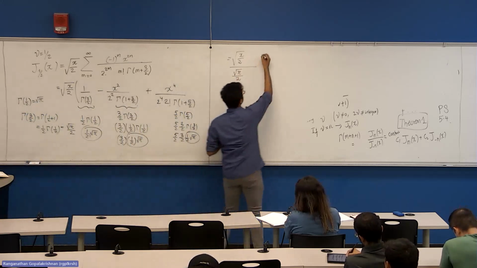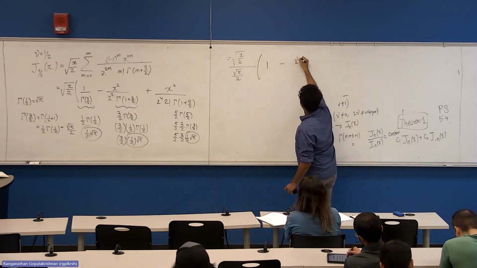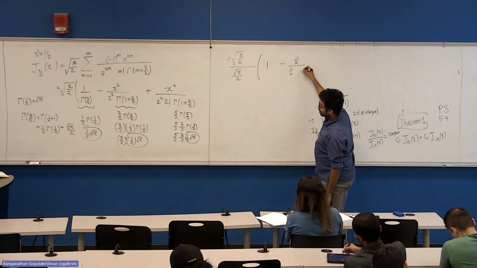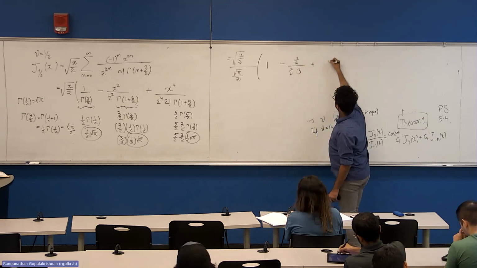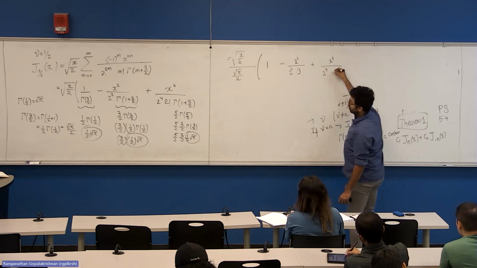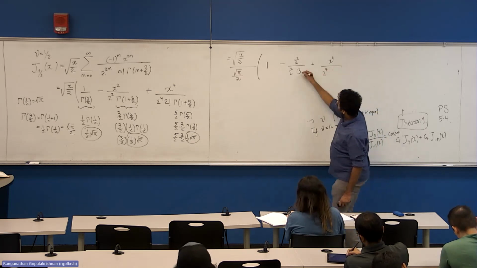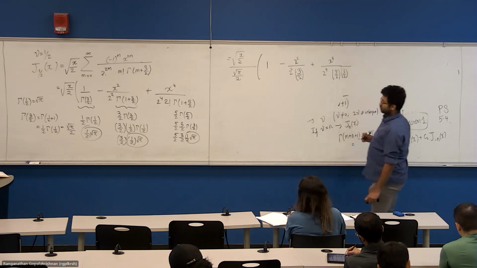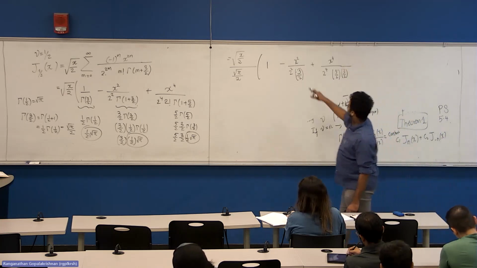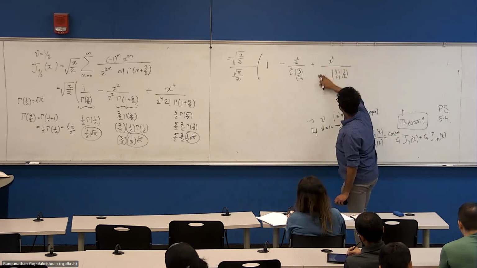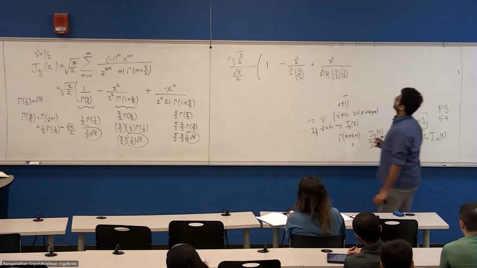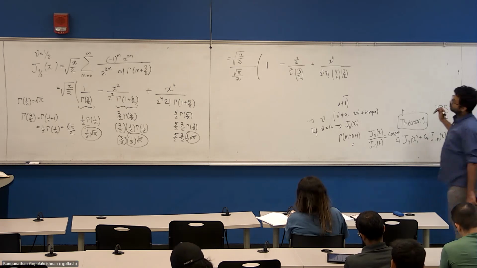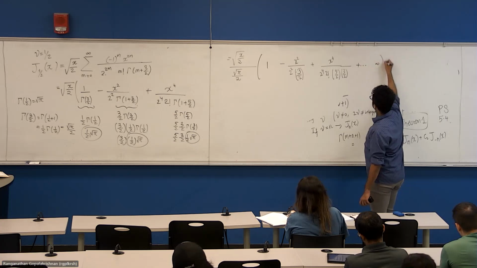So this becomes multiplied by 1 minus x squared divided by 2 squared multiplied by 3 plus x to the 4th divided by 2 power 4 multiplied by 3 over 2 multiplied by 5 over 2 times 3 over 2 times 2 factorial. Plus and so on up to infinity.